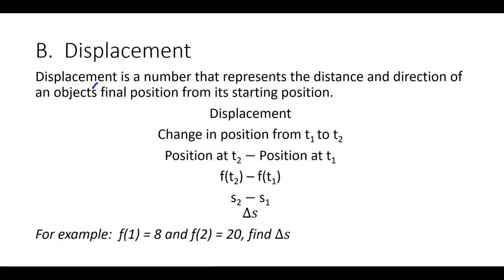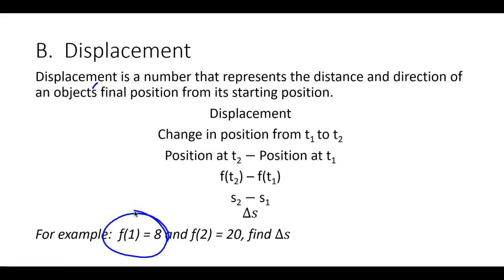All right? For example, if I gave you this, f of 1 equals 8 and f of 2 equals 20. First of all, what does this mean? So at time 1, we're at coordinate 8, and at time 2, we're at coordinate 20, right?